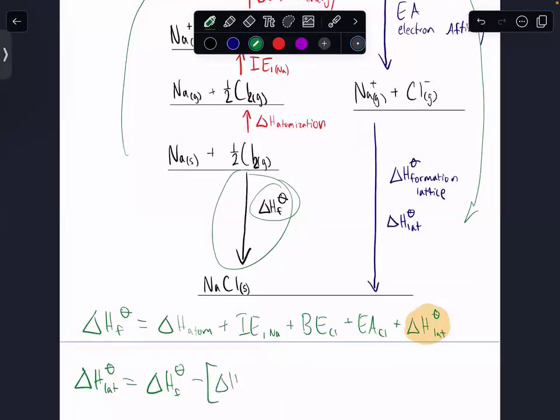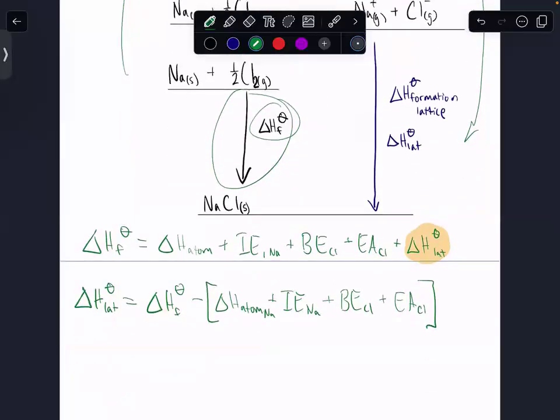Delta H atomization plus ionization. And this is sodium again. I should write that here. Plus bond energy, chlorine, plus electron affinity, chlorine. And that is the rearranging of all this. So all I have to do now is plug in real values that I can pull from the data booklet.